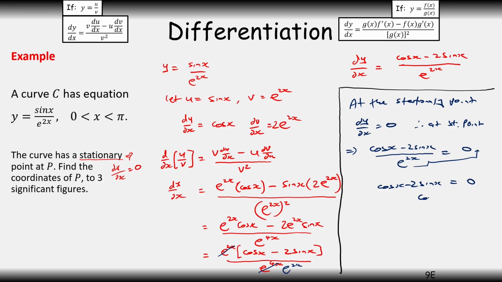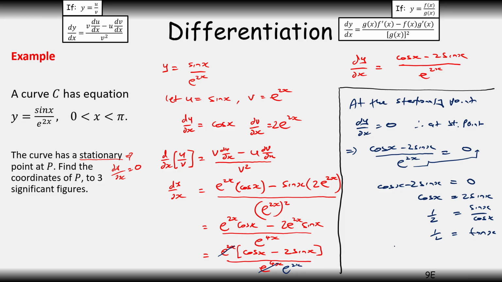So cos x is equal to plus 2 sine x. And what I'm going to do is divide by cos x and at the same time divide by 2. So I end up with a half, the 2 comes down here, is equal to sine x over cos x. So a half is equal to tan x, which we've just learned.